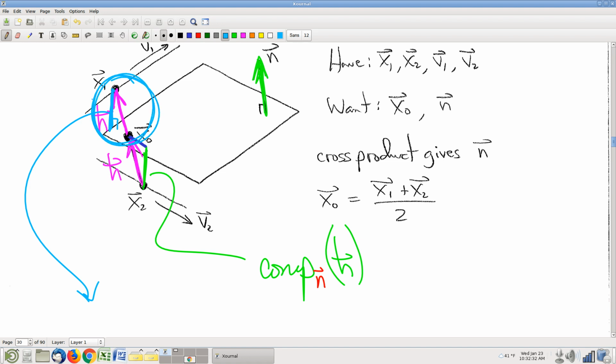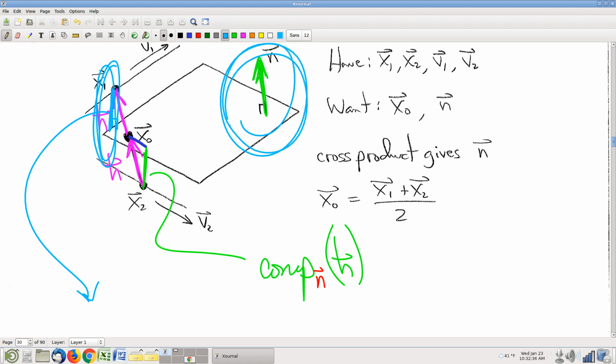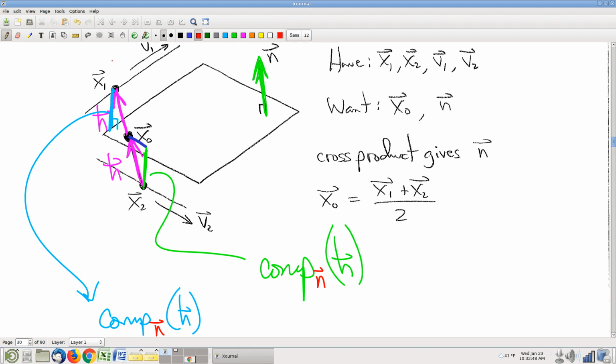It's still a component in the direction perpendicular to the plane. It is the component of h again. So, same formula, same value. Therefore, these 2 distances are equal, and therefore this is the right plane.